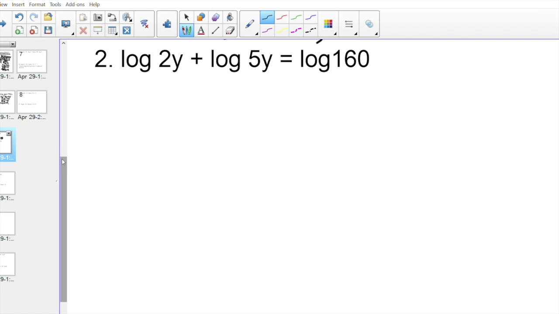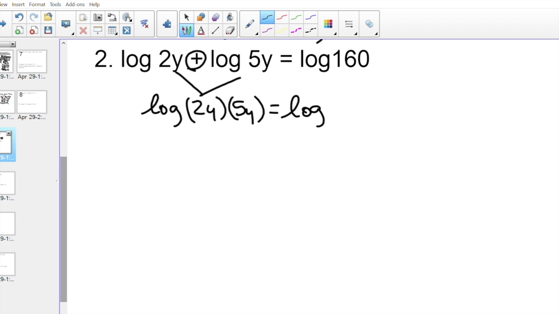Okay? You're adding logarithms. So that meant previously you were multiplying 2y times 5y. It equals log of 160.